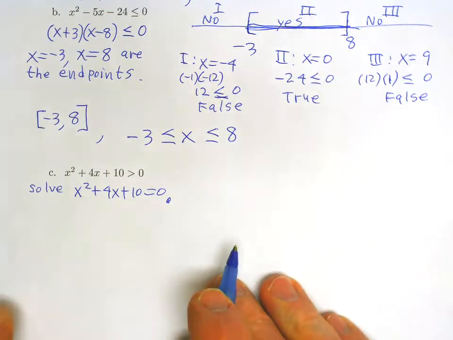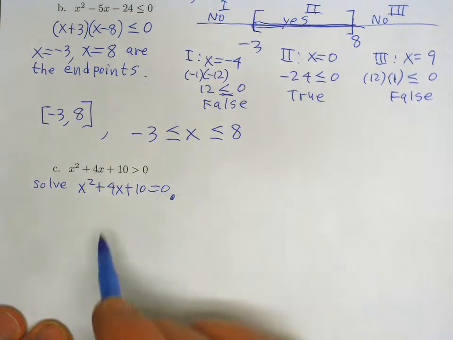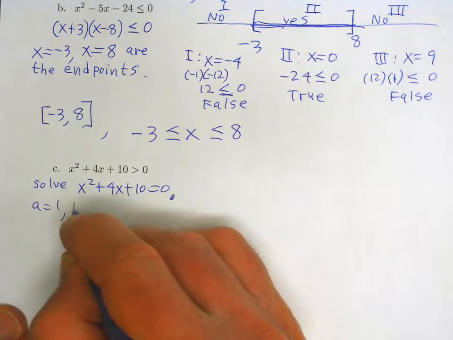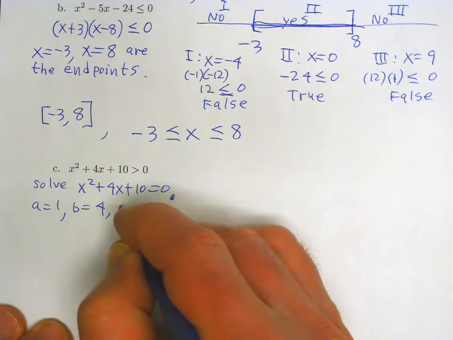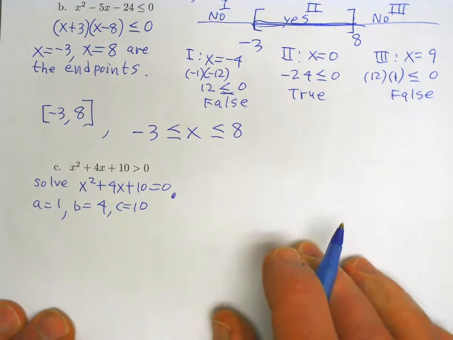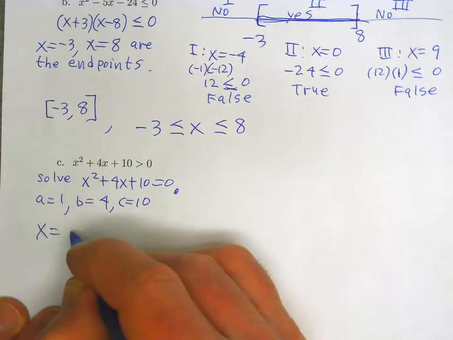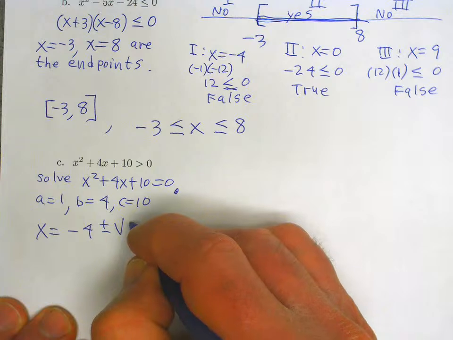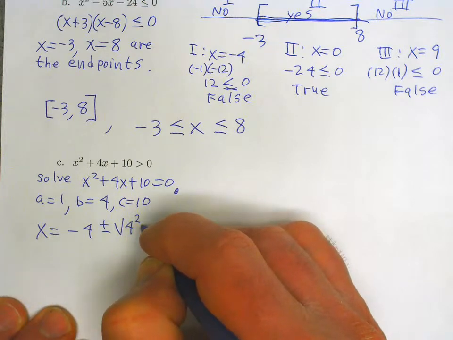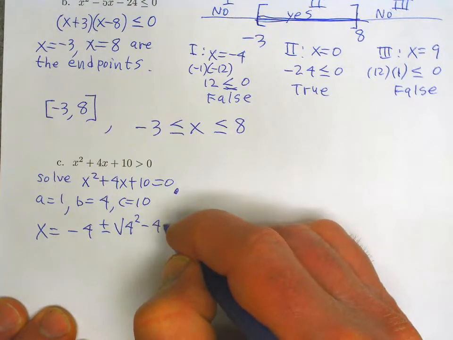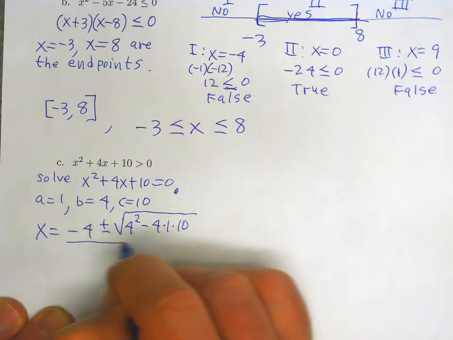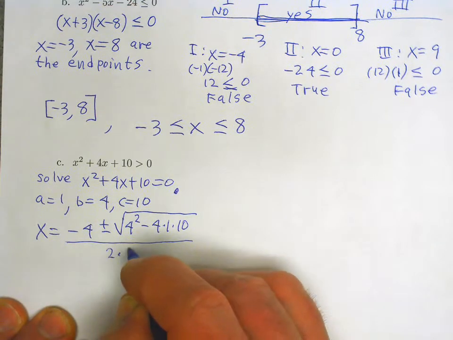So we'll use the quadratic formula. So a is 1, b is 4, c is 10. Okay, so we get x equals -4 plus and minus the square root of 4 to the second minus 4 times 1 times 10, all divided by 2 times 1.